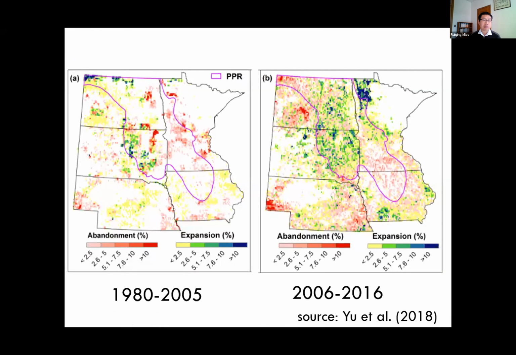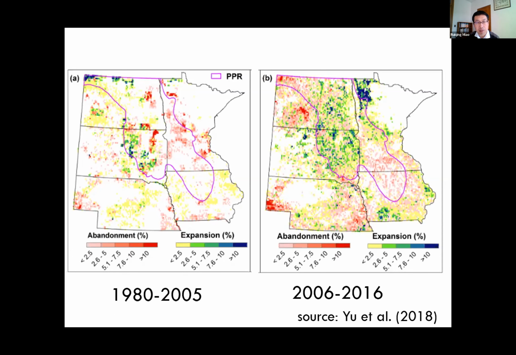However, the grassland in this area has been facing a large pressure from agricultural use. If you look at the two maps from Yu et al. in 2018, you can see, compared with the period of 1980 to 2005, the more recent period has much more land expansion, cropland expansion.